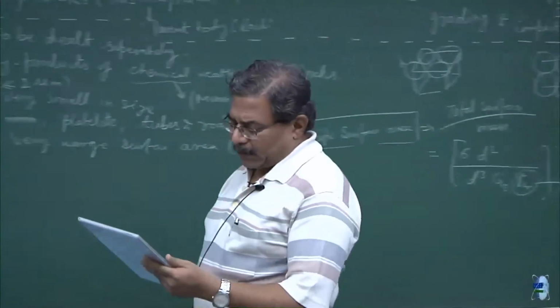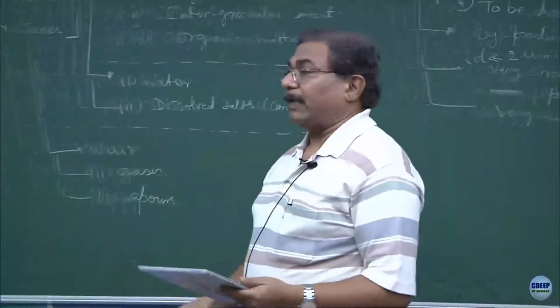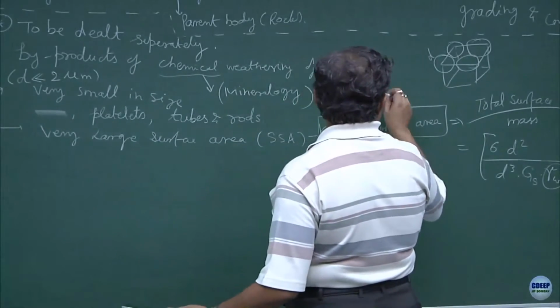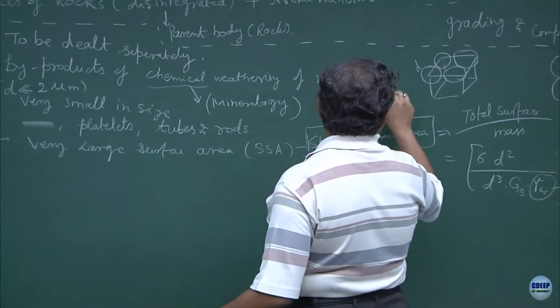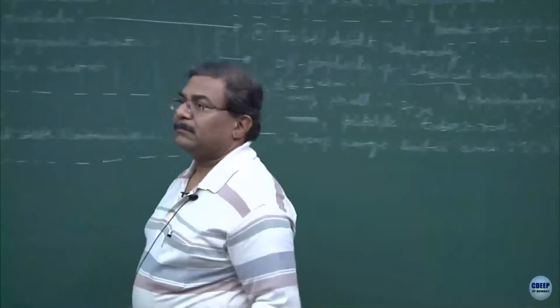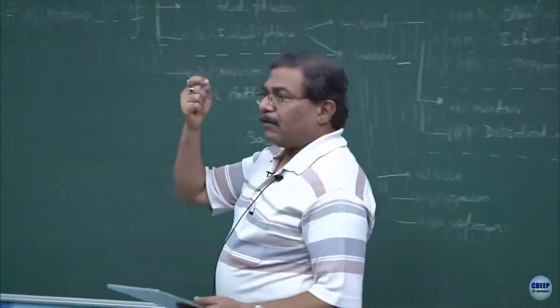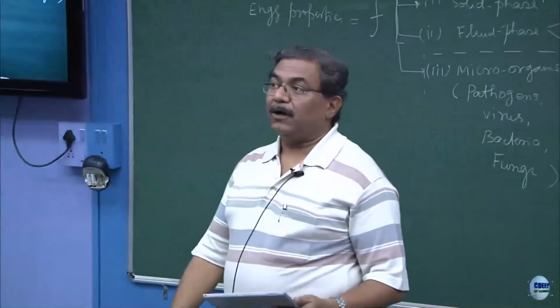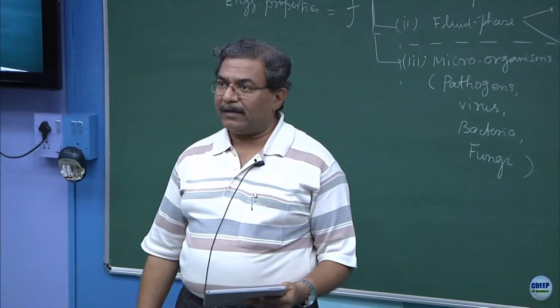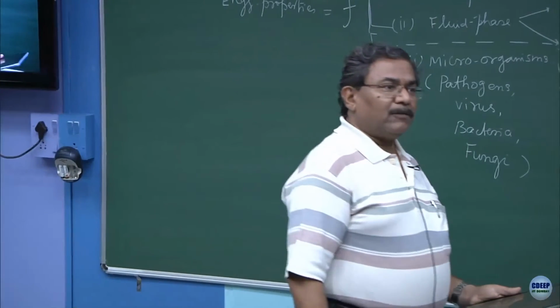Suppose there is a mineral like montmorillonite; its SSA would be almost 800 meter square per gram. One gram of the montmorillonite will show you 800 square meters of area. How many of you play football, hockey? What is the size of the hockey field?